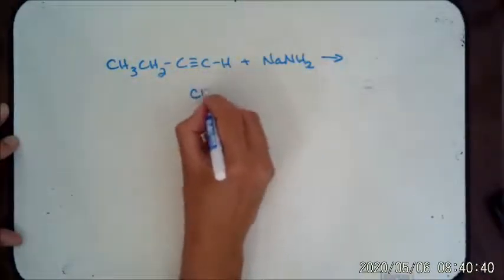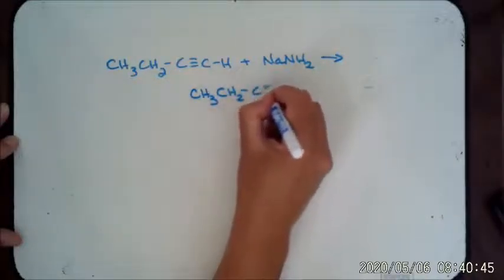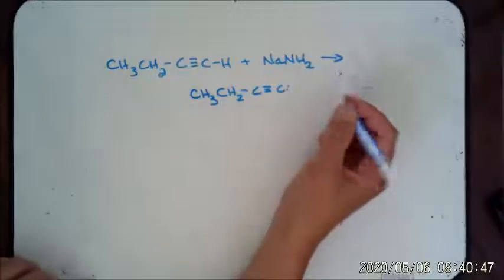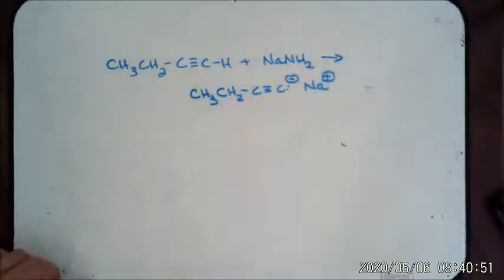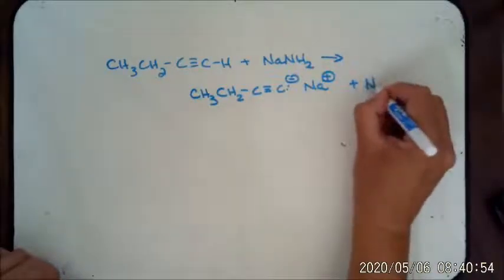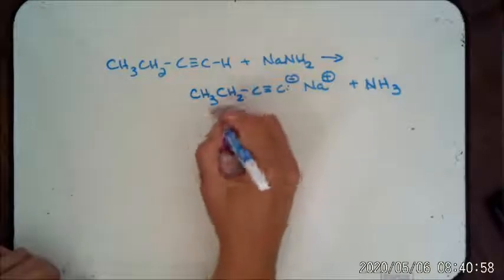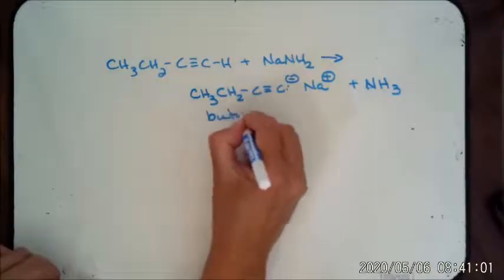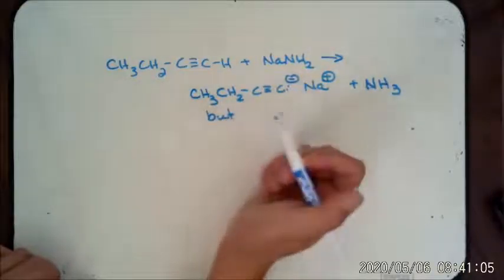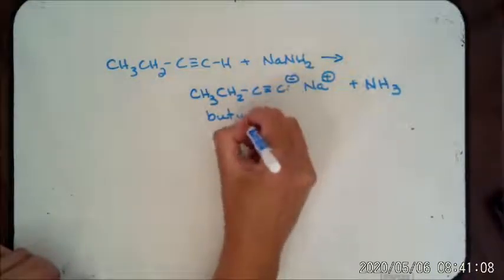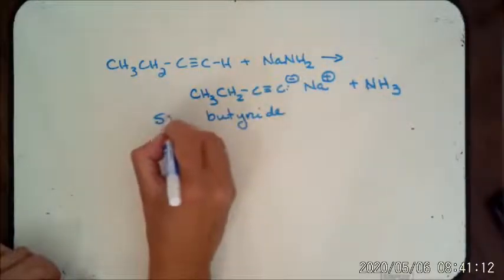So what I end up with is an acetylide ion, plus ammonia. So this is called sodium butynide, okay.